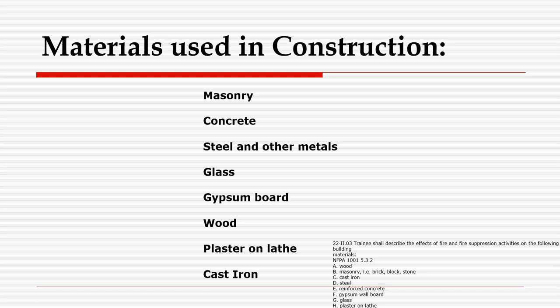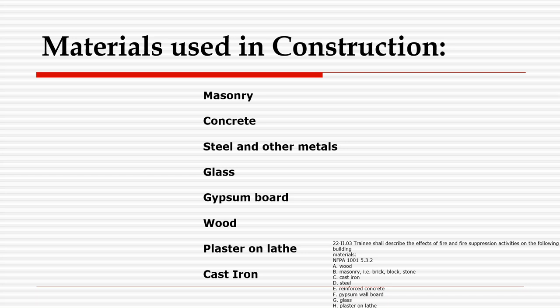So materials used in construction, these are just common materials, and you'll see small writing on my slides. I've built into these slides what the objective is from the certifying agency. In this case, SFFMA. SFFMA says you need to cover certain objectives, and so I found it helpful to add those objectives onto the slide so I know exactly where to find them if I ever need to reference it.